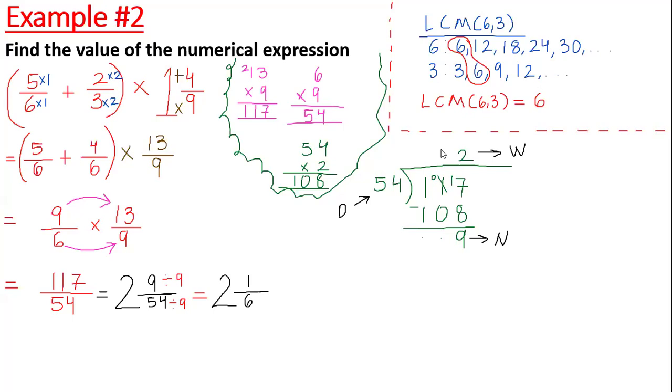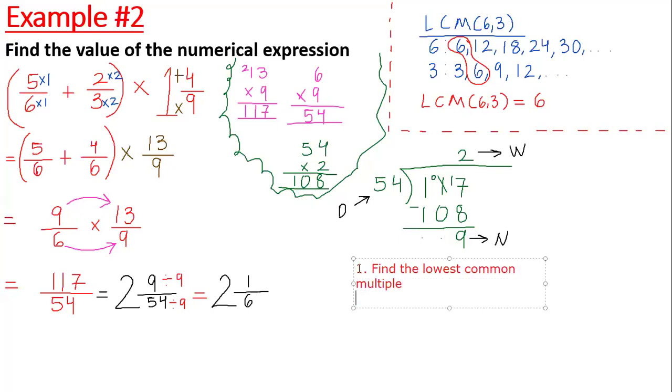Genesis wants us to write out the steps, so let's go ahead and write out the steps for her. The first thing we have to do is find the lowest common multiple.